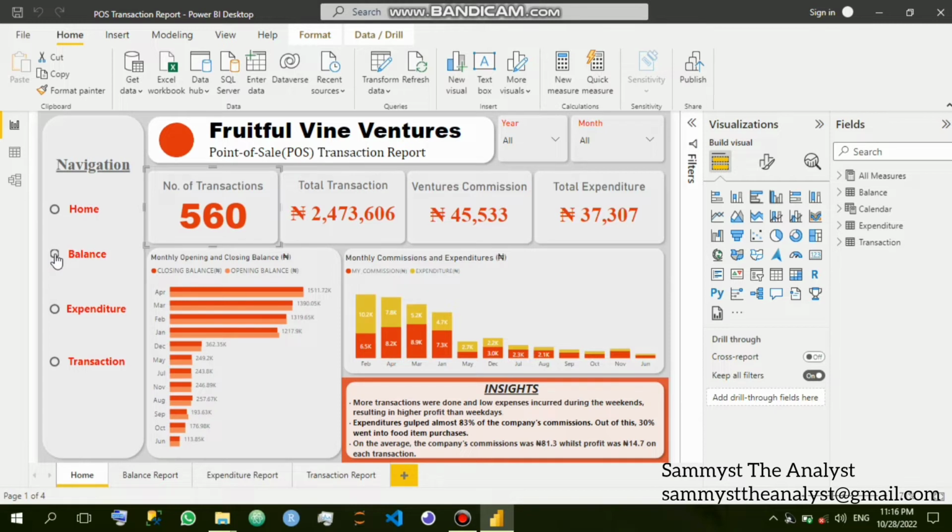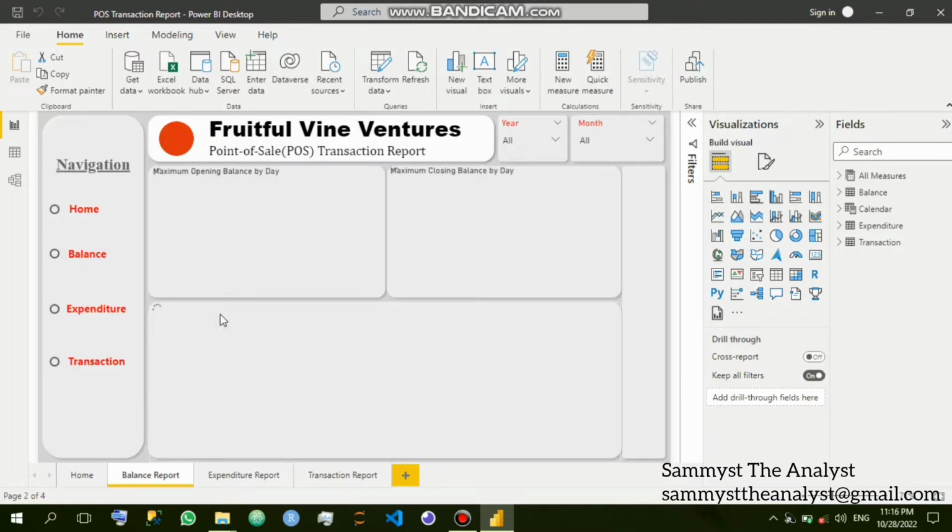Okay, so here is the balance report. Now I decided to categorize the balance report into the maximum opening balance by day and the maximum closing balance by day.